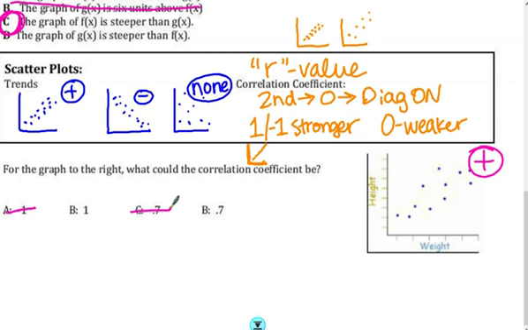Well, remember the conversation I just had. It'll never be a perfect 1 unless it's just points that form a straight line. So it's not super tight. It's close though. Obviously there's a typo here in the answer choices. Anyways, 0.7 would be the better fit for this particular problem. Again, it'll never be a perfect 1.